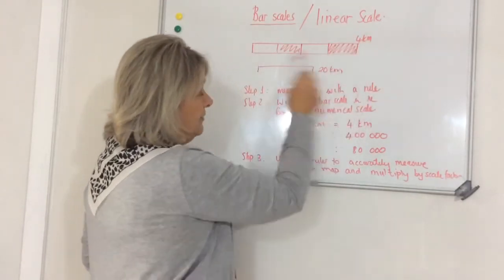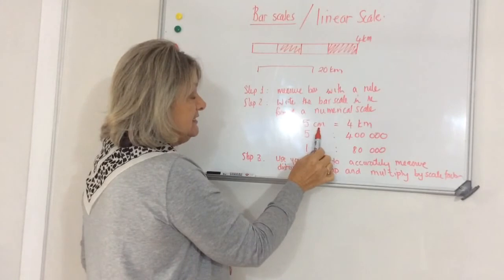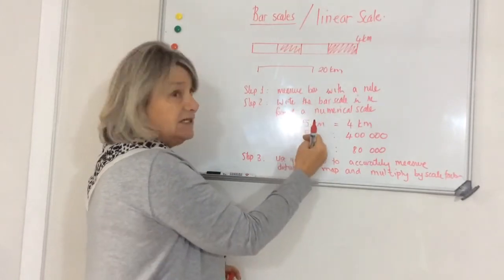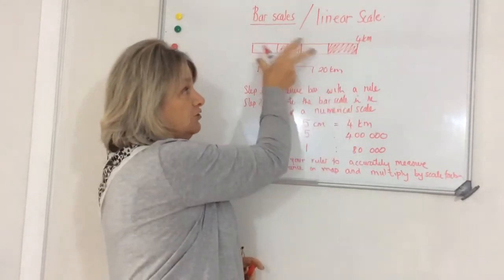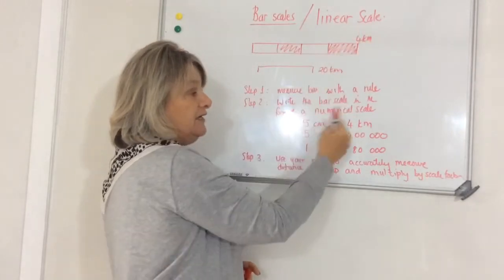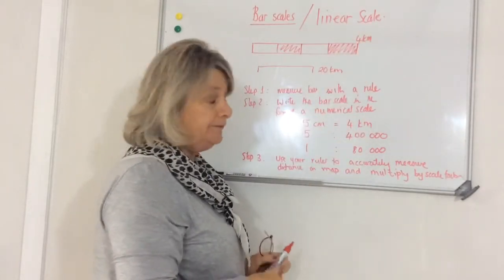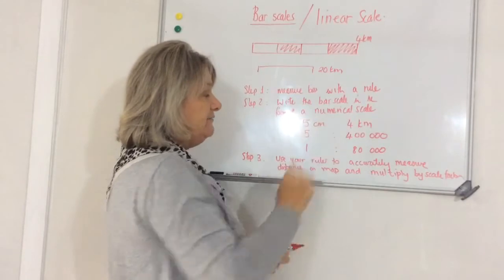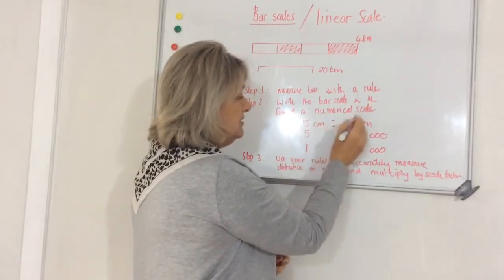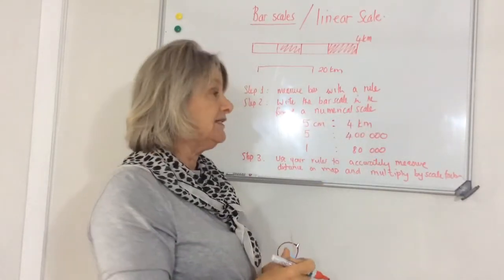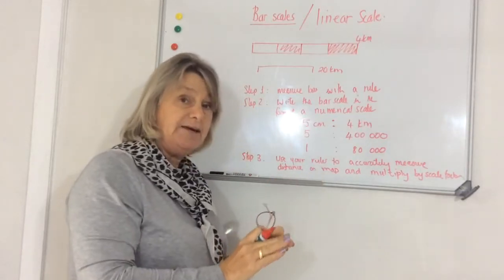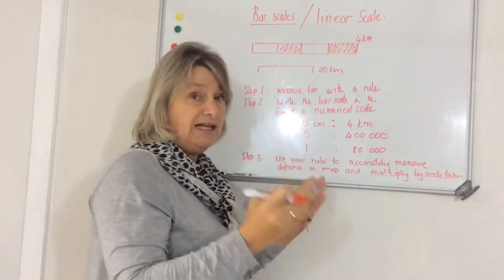And then I pretended it was 5 centimeters. In the second step, you set up your measurements, what you measure with your ruler and the unit given, like a numerical scale. So you might say 5 centimeters represents 4 kilometers on this bar scale. Then we must bring both sides to the same unit.